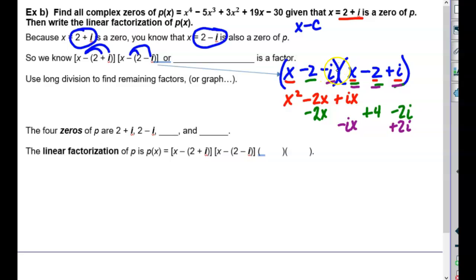And then negative i times i is what, guys? Negative i times i is a negative i squared. I'm going to write it under the 4 because what is negative i squared going to become? Plus 1, right? Because it's minus negative 1.